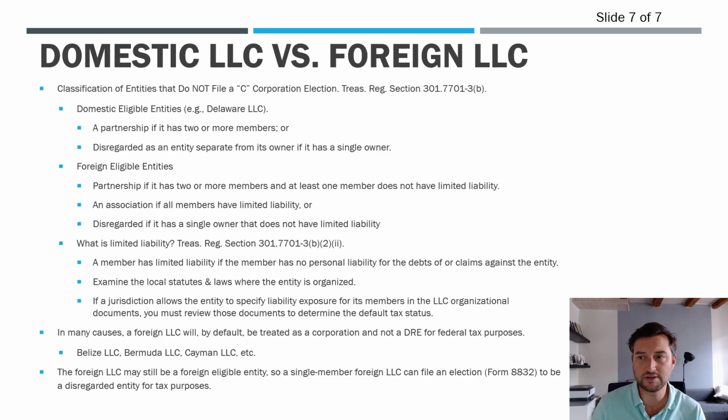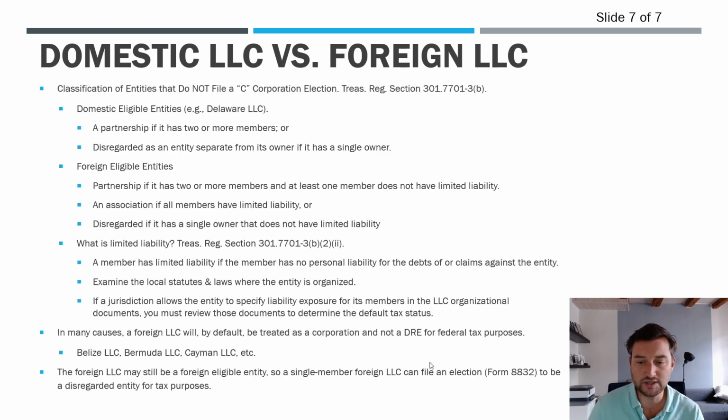So if you're thinking about this in the context of filing your return, and you're doing your 1040 and you own 100% of a Belize LLC, instead of filing the appropriate documents to report it as a foreign-owned disregarded entity, you would be treating it as a CFC, or a controlled foreign corporation. So you're having to do a 5471 instead of that 8858.